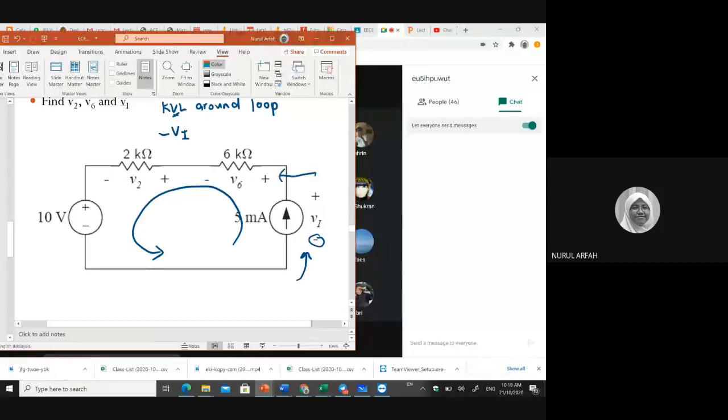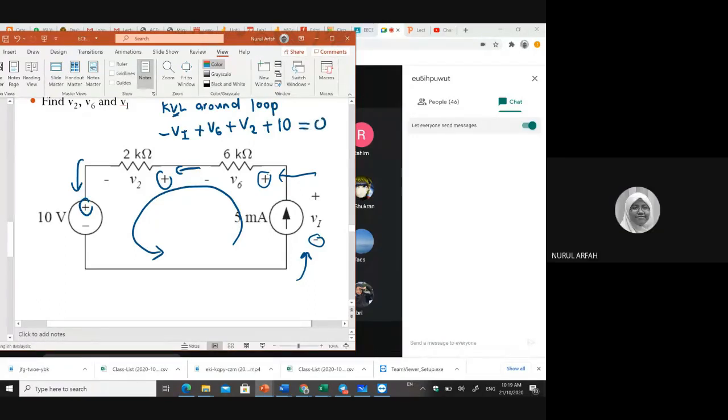And then you enter V6, positive V6. Good. And then positive V2, and then positive 10 V. What is 10? Don't put unit in the equation here. So just equal to 0.